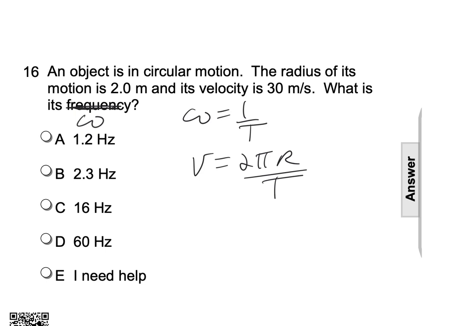Let's solve it the way you like. So 30 meters per second equals 2 pi times 2 over the period. So solve for the period. Cross multiply: 2 pi 2 over 30.